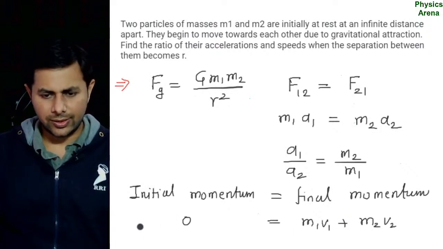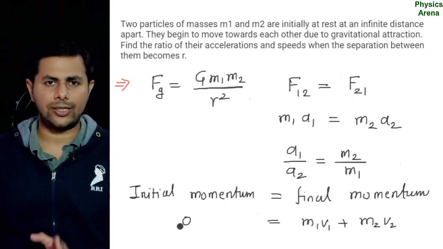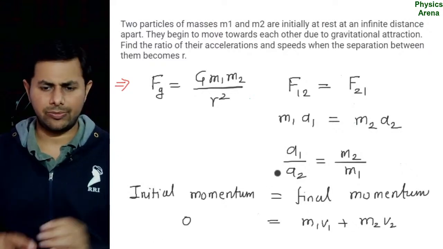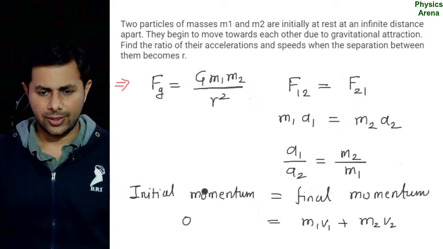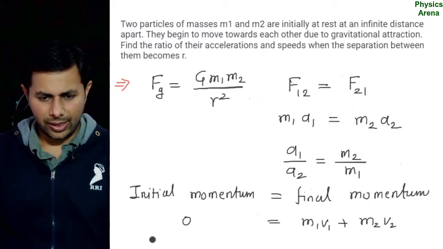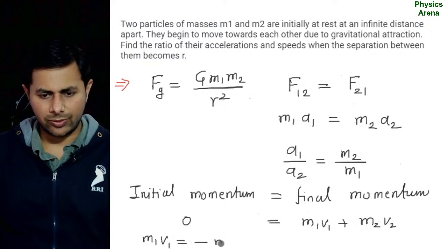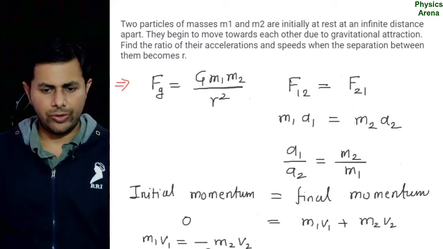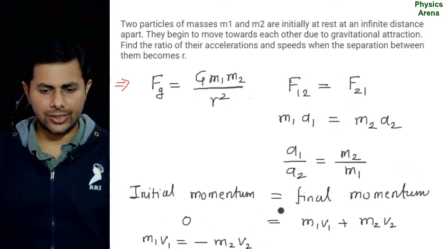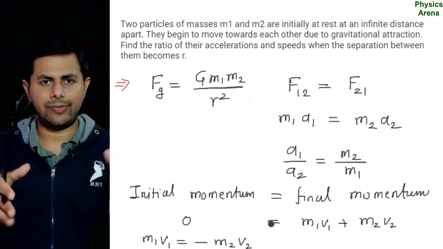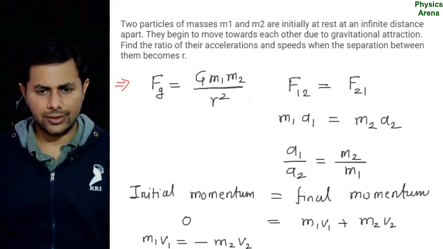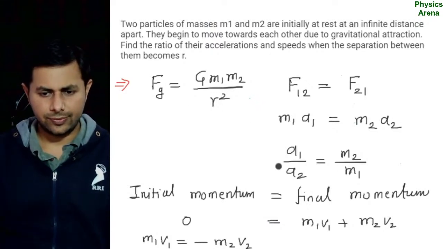This gives us m1 v1 equals minus m2 v2. That means they are moving in opposite directions. But we don't want the direction, we just want the magnitude.